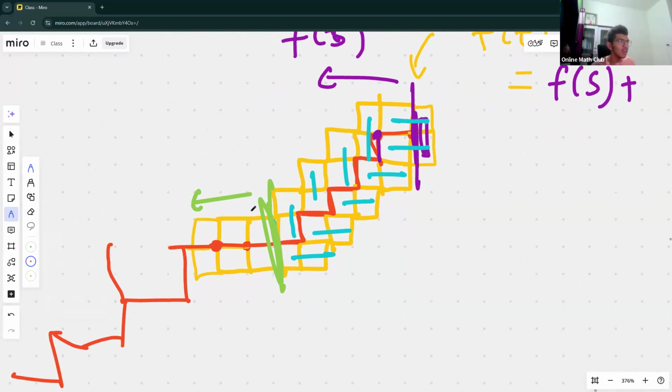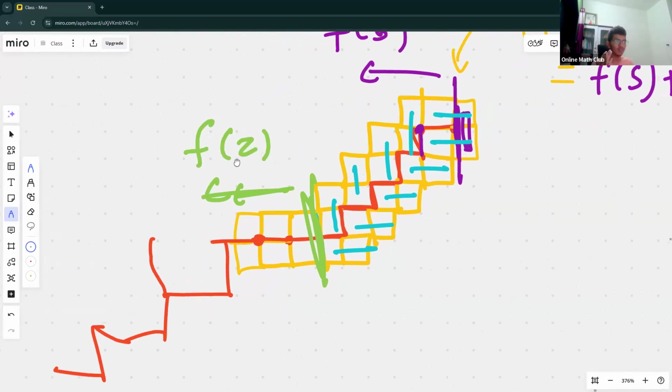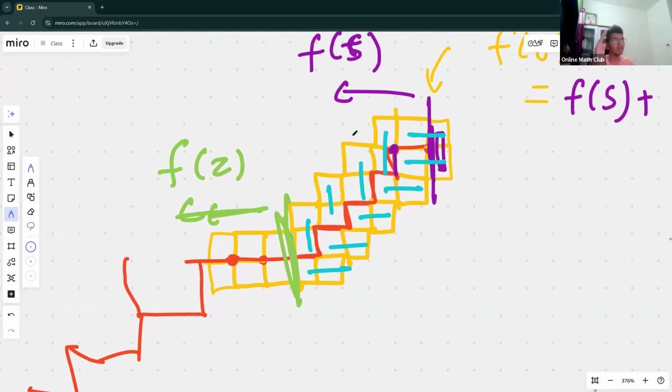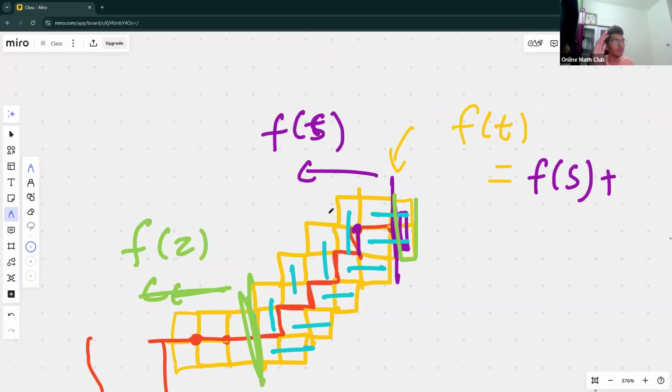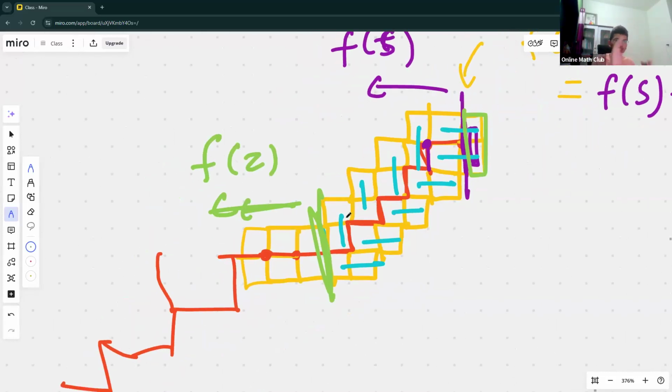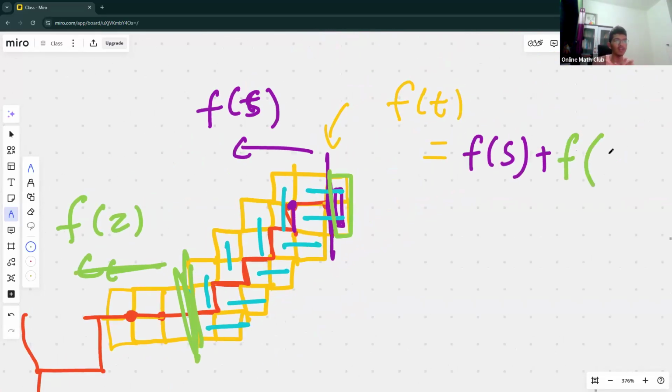But anything beyond this line we will consider as f of z. So f of s is beyond this first domino, and f of z is beyond this staircase. Once you end with one staircase, f of t is actually f of s plus f of z, because when you apply this domino, we force till z, and then z can be anything.